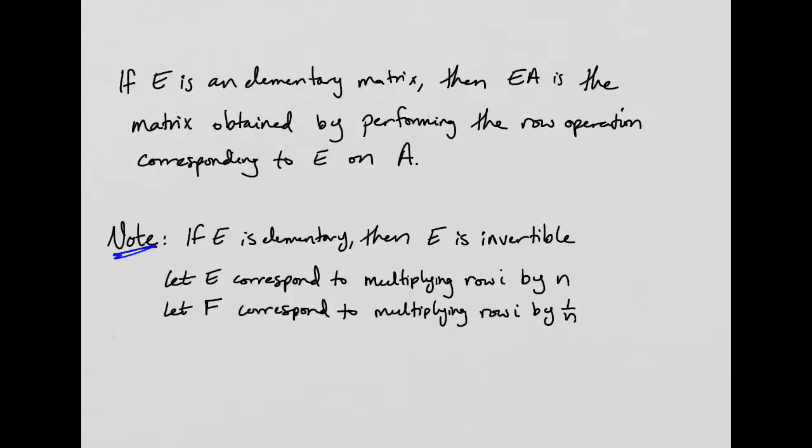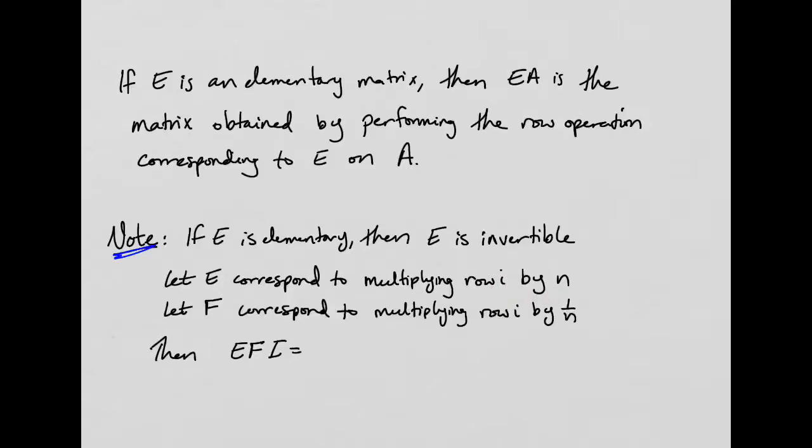And now let's see what happens if I multiply these two matrices. If I do E times F times the identity, let's think about what happens. First, multiplying F by the identity corresponds to multiplying the ith row by 1 over n. And then I multiply by E, which says multiply the ith row by n.